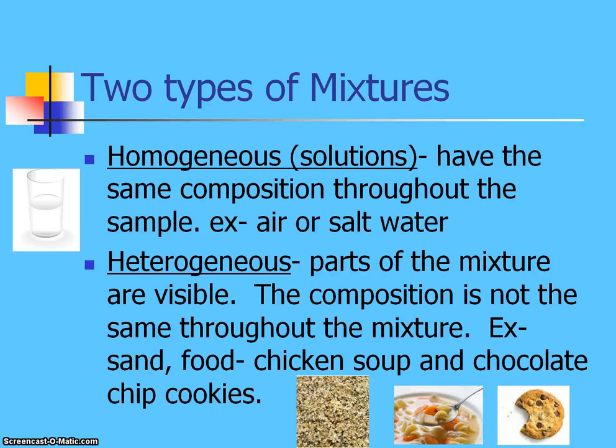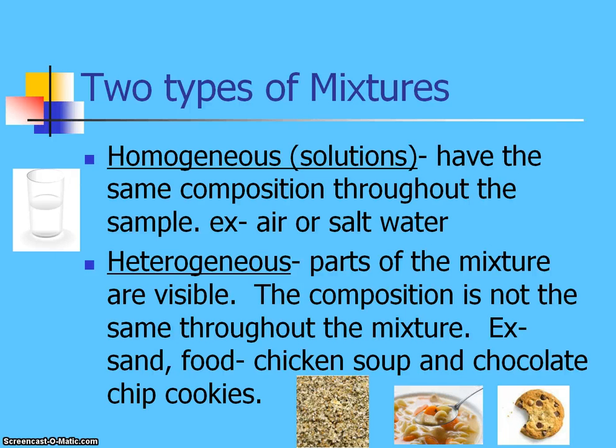Another example is salt water, the picture on the left. You cannot see the salt, but the salt is dissolved in the water. So there's two things mixed together, but you only see one thing. That's the same composition throughout. If you can only see one thing and there's more than one thing in there, that's a homogeneous mixture.